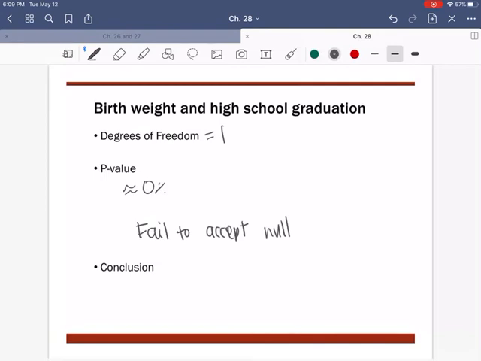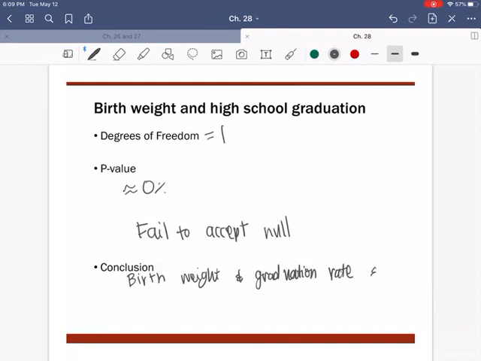It's probably something to do with parenting. Parents who don't take good care of their baby while pregnant tend to have babies prematurely. And they also don't parent as well while they're in school. So we've got some biases or some confounding factors that go in behind the scenes there.